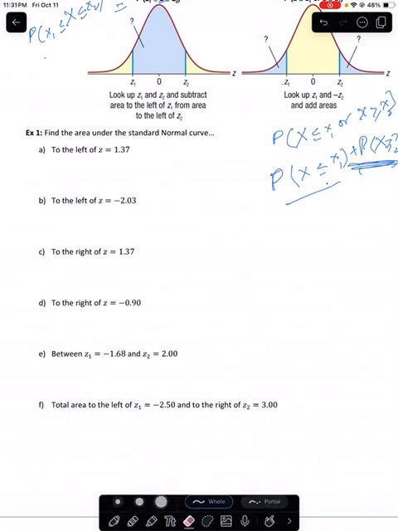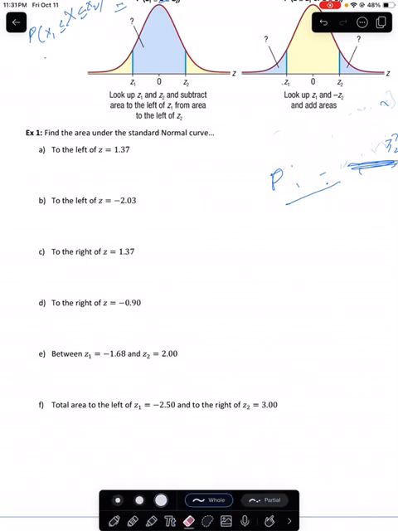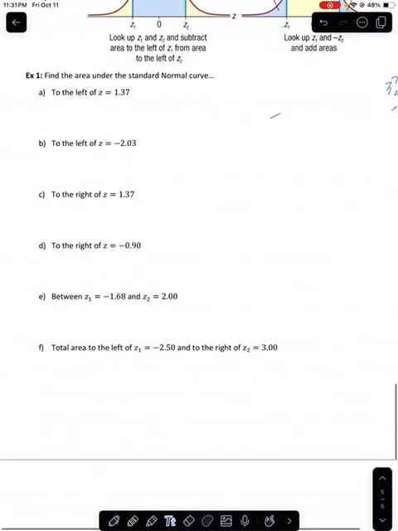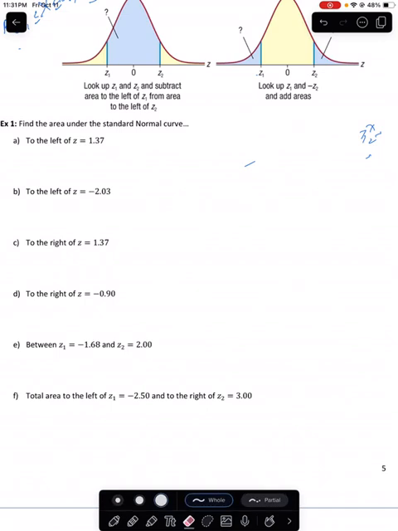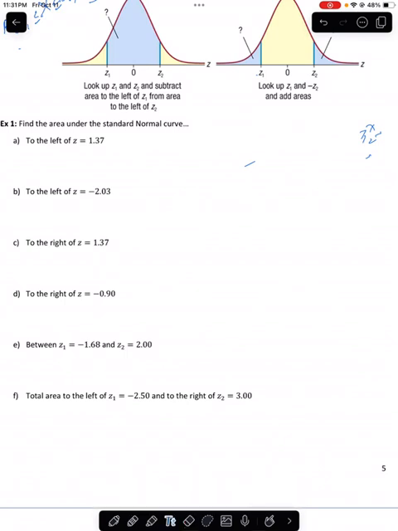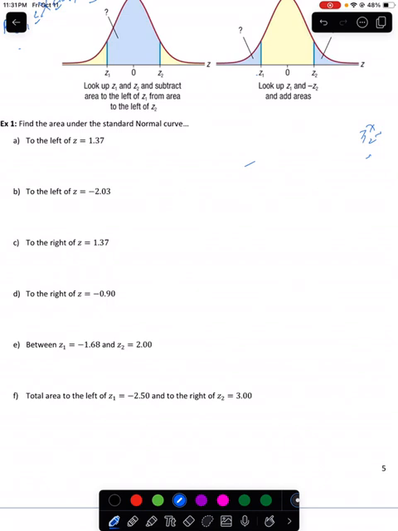Okay, the first one is asking us to find the area under the standard normal curve to the left of the z value 1.37. So draw your curve. Where will 1.37 be?